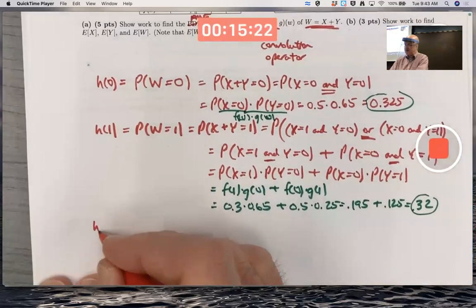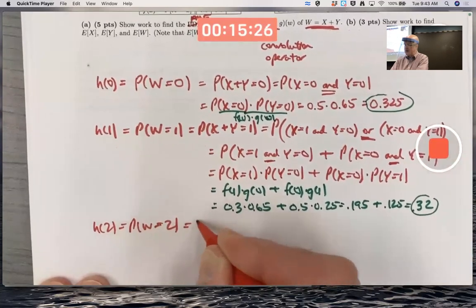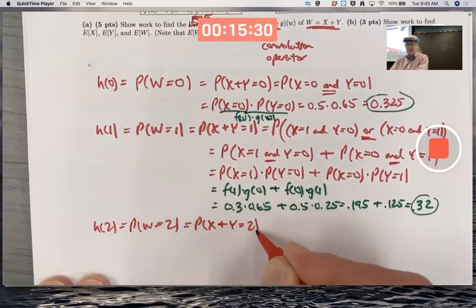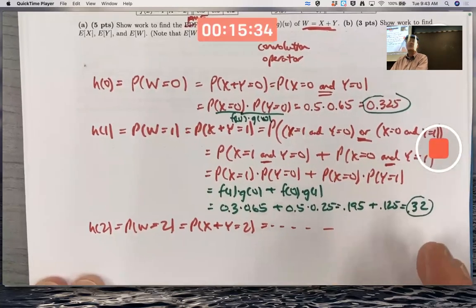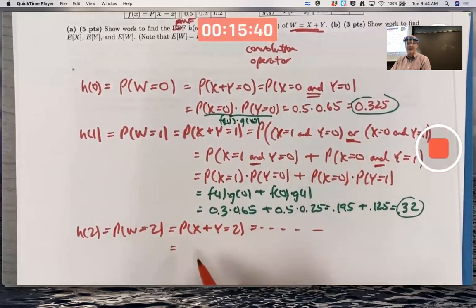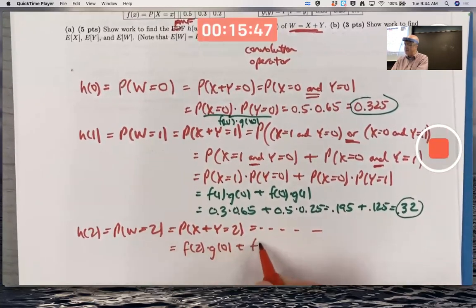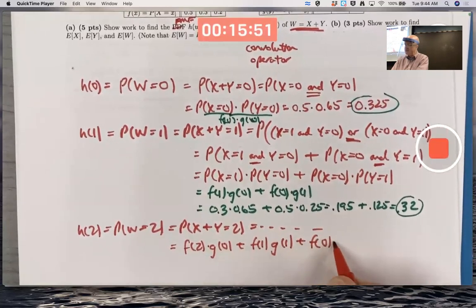Continue, what about little h of 2? Probability that W equals 2, meaning the sum of X and Y is 2. Using the same kind of logic, the addition rule for disjoint mutually exclusive events and the multiplication rule, we would find that you ultimately get F of 2 times G of 0 plus F of 1 times G of 1 plus F of 0 times G of 2.